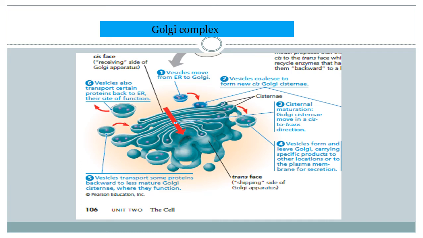In cisternal maturation, Golgi cisternae move in a cis to trans direction, and vesicles form and leave the Golgi carrying specific products to other locations or to the plasma membrane for secretion. Vesicles transport some proteins backward to less mature Golgi cisternae where they function, and vesicles also transport certain proteins back to the ER, their site of function.